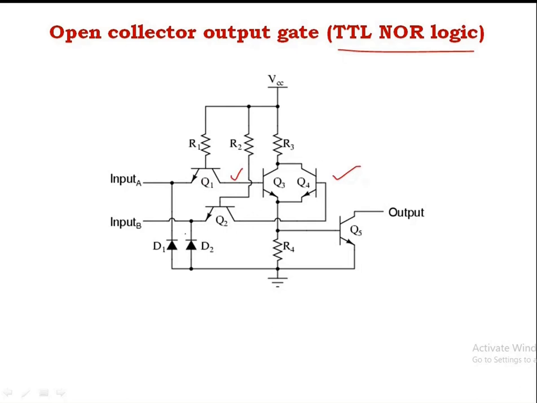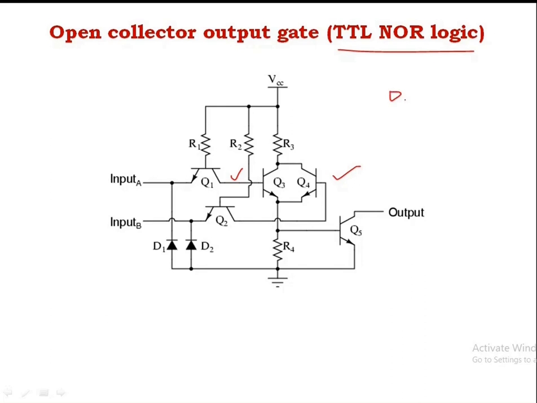So with the emitter you give the inputs, 2 inputs. Here we are not using multiple emitters. We are using two transistors, but we are going to consider that both emitters are where I am going to give the inputs.